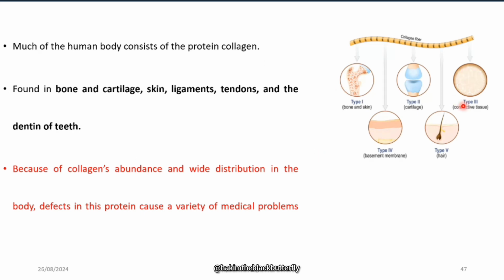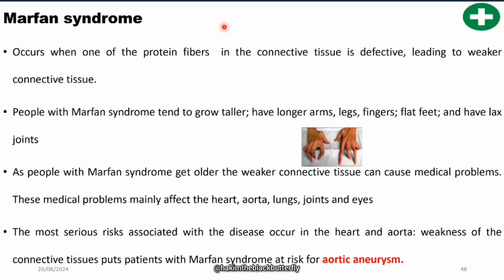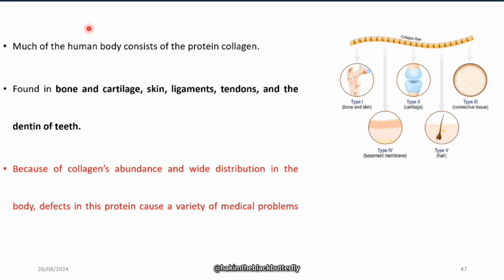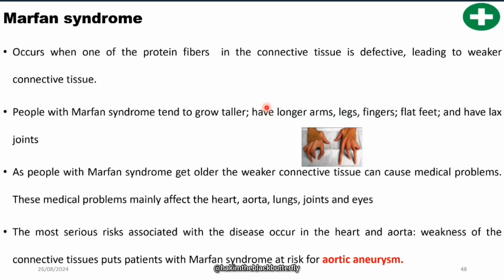For example, there's a syndrome that you call Marfan syndrome. This syndrome will happen if an individual has defective proteins, collagen proteins, fibrillin proteins. All those are very important proteins of connective tissues. If they are defective because of the mutations in particular parts of the DNA that codes for their production, they may not perform their normal functions.